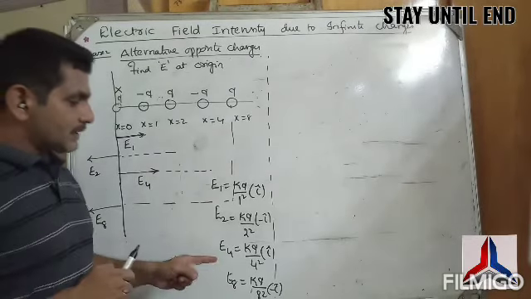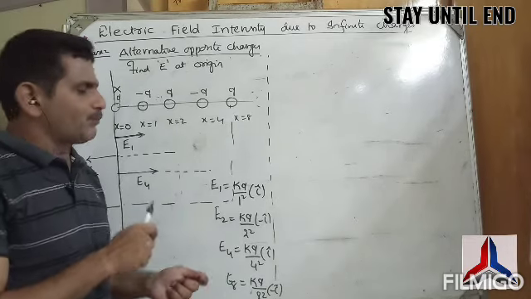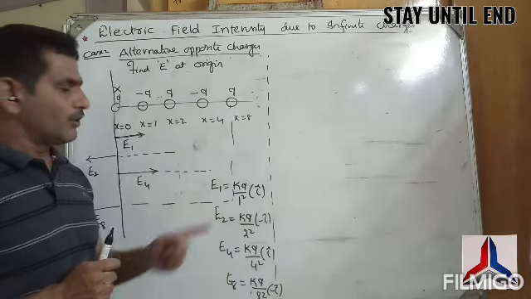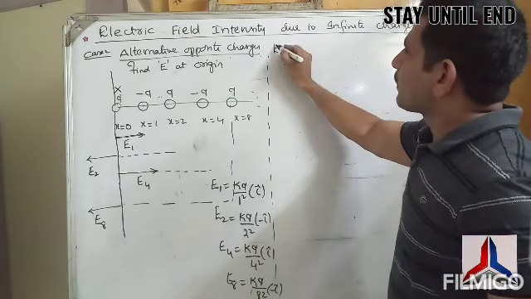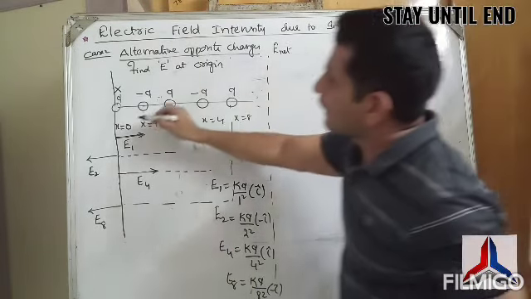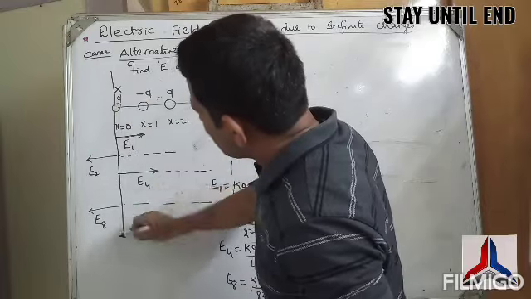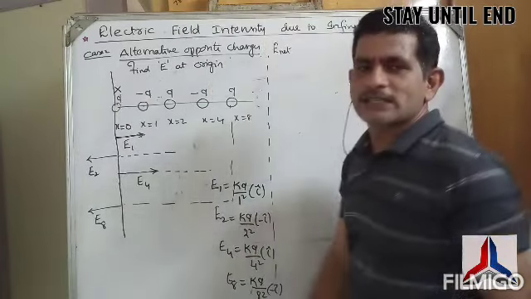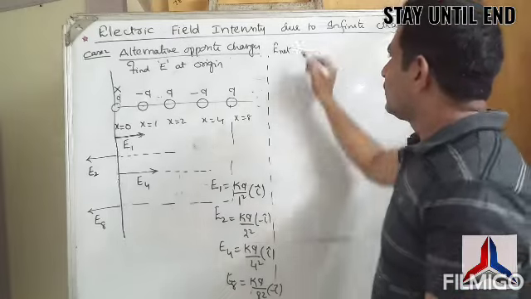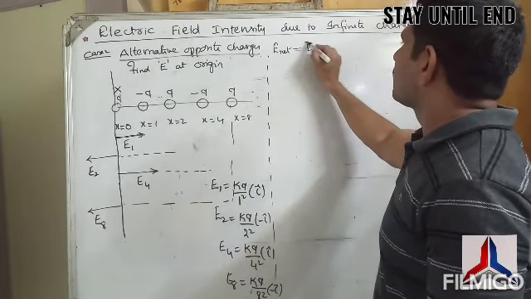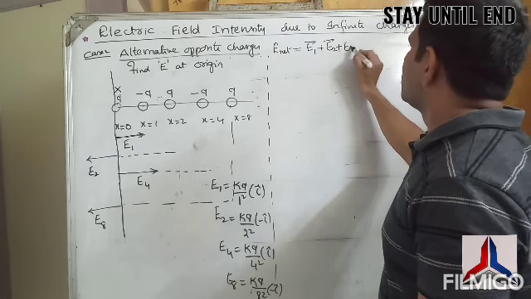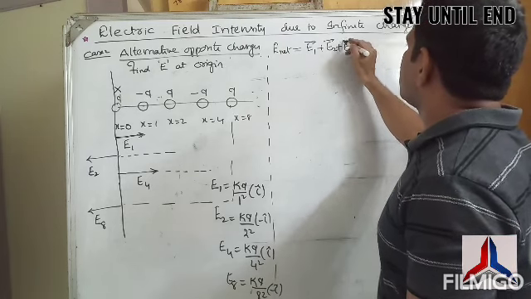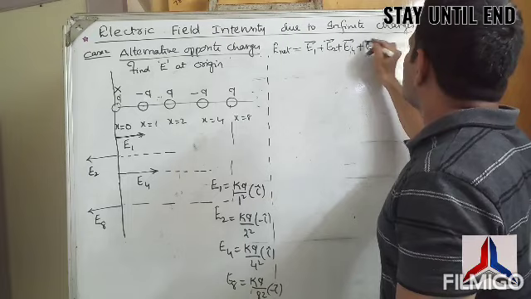Now this problem is a little bit tougher than the last, because of alternating positive and negative. While going to addition, this is called the principle of superposition. The resultant electric field intensity is the sum of all the electric field intensities created at this point. E net is equal to E1 bar plus E2 bar plus E4 bar plus E8 bar and so on.